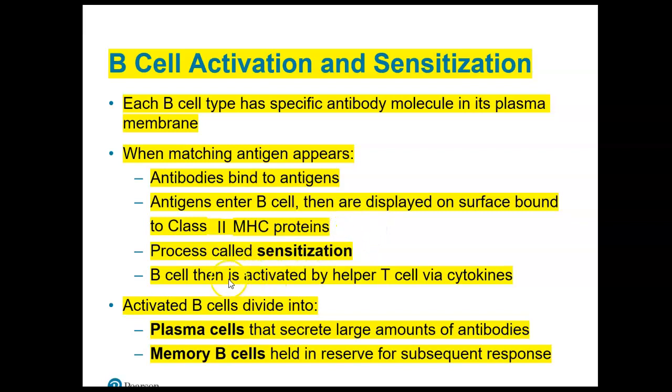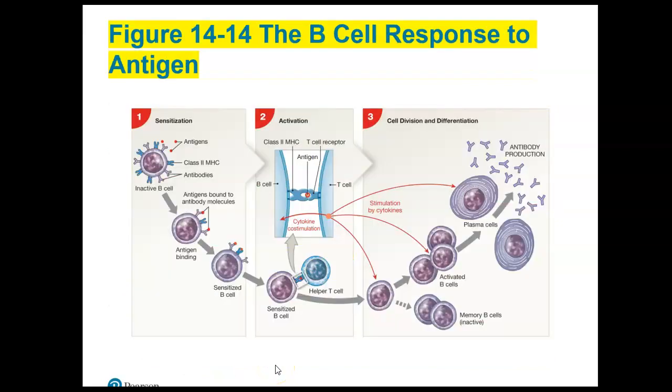And then after that, before the B cell is actually activated, it also must interact with a helper T cell. Now, activated B cells will divide into 2 things: plasma cells that secrete antibodies and memory B cells.